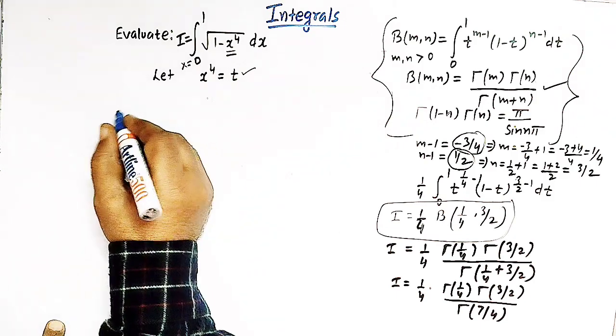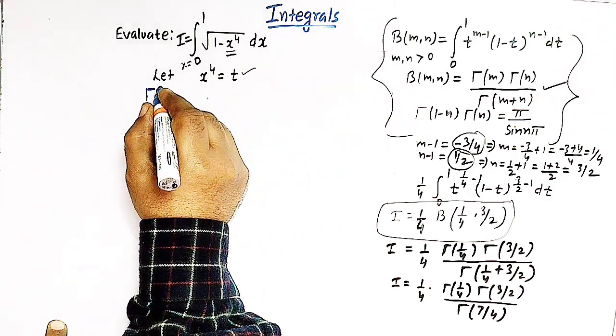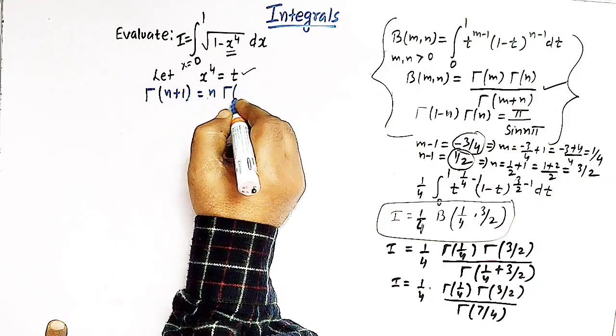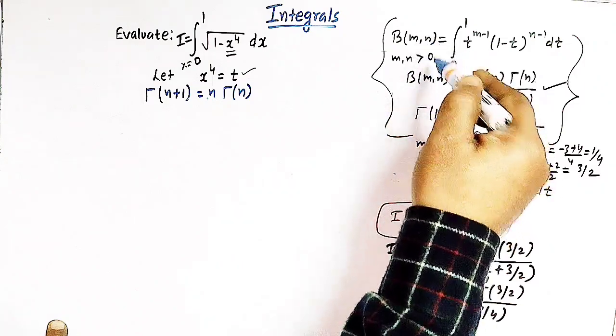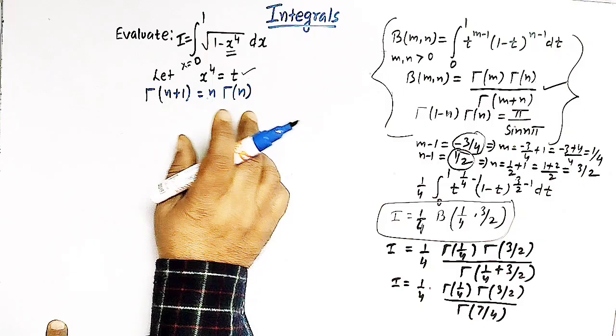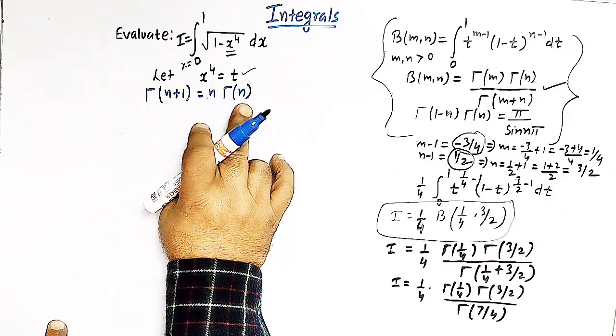So now we know an important relation, that is gamma n plus 1 is given by n times gamma n, right? So here in the list of these three important results, we can also add this one. So gamma n plus 1 is equal to n times gamma n.